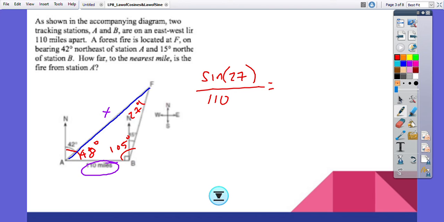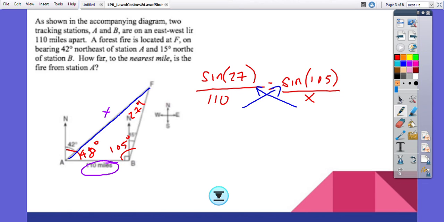So I'm going to use angle B, sine of 105 over x, right? So all you have to do now is basically cross multiply. So you're going to do this and this, and I'm going to allow you to work that on your own. I think everybody should be able to cross multiply.